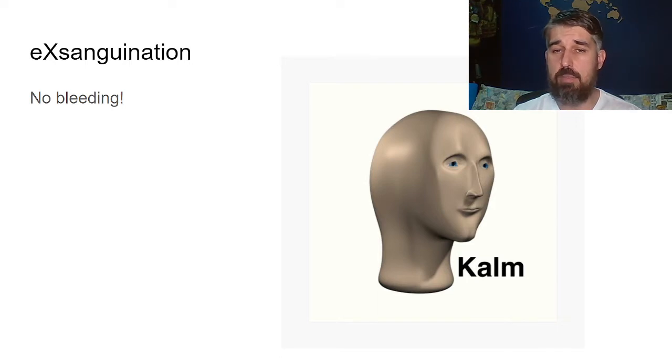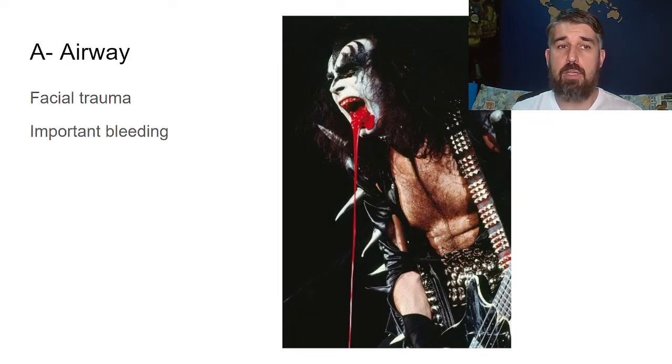Even if the ambulance crew has already stopped the bleeding, they put a tourniquet on or something, you should check it again when you receive this patient in your bay, because it may have dislodged. So just start with X, but this patient has no external bleeding. You breathe calmly and proceed with the evaluation.